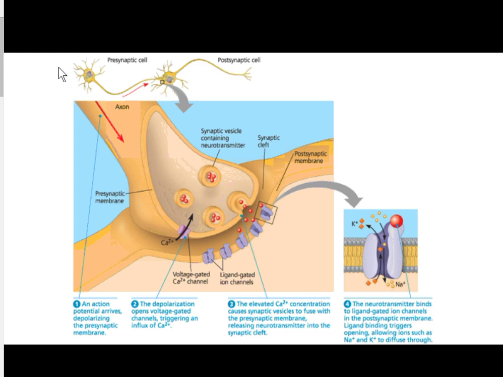Neurotransmitters, again, the signal is going to get here. Neurotransmitters are going to be released. They're going to bind to something else. When it binds to something else, that's going to cause flow of ions, which is going to cause the signal to start in the next one.